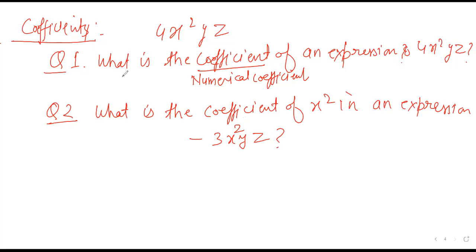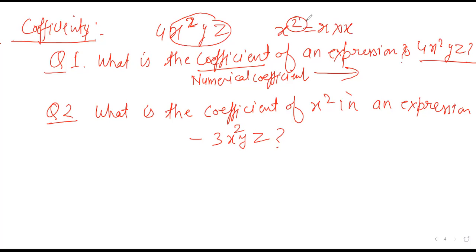If the question asks simply the coefficient of an expression, यानी कि किसी भी एक्सप्रेशन का आपसे कोएफिशिएंट पूछे या न्यूमेरिकल कोएफिशिएंट पूछे, you just have to give the numerical number that is written, except the variables. Whatever is written, don't take it as your number, because x square means x into x.